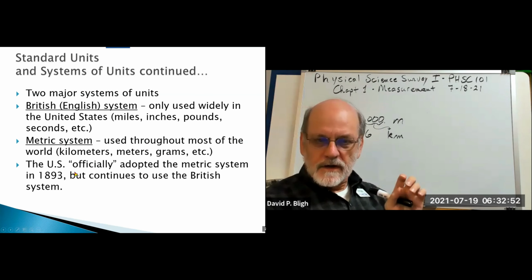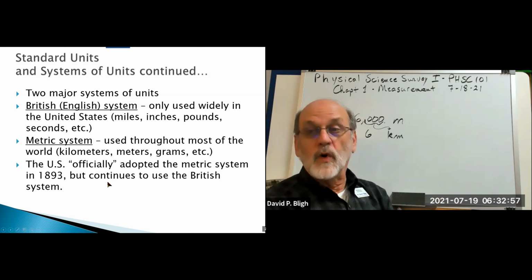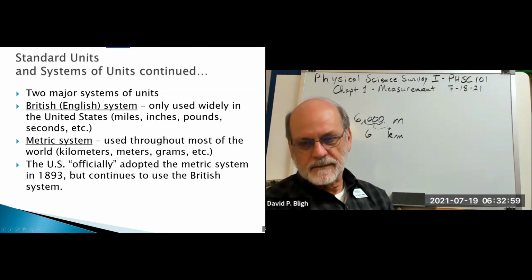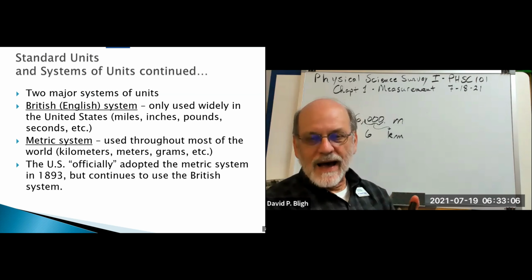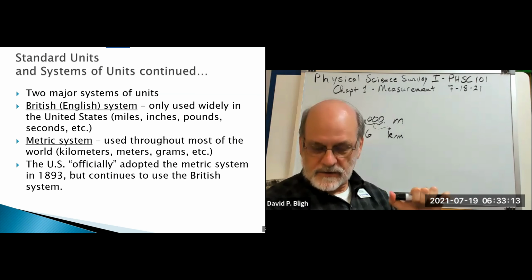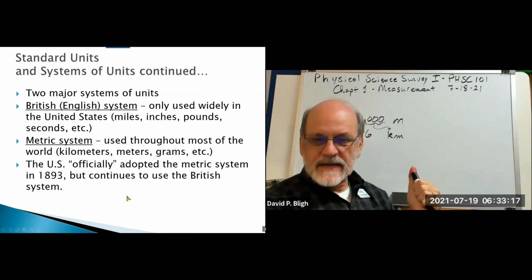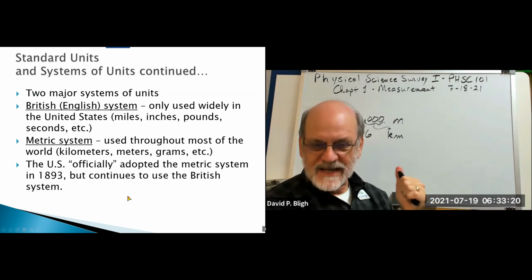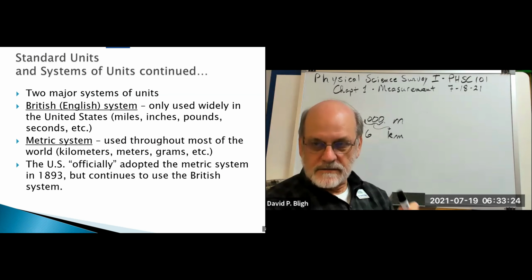Now, even though the United States has officially adopted the metric system, way back, 1893, we continue to use the British system in our everyday measurements. For instance, we don't buy liters of gas at the pump. We buy gallons. Everywhere else in the world, you buy liters. But even though we officially adopted the metric system, it's still only used in sciences.